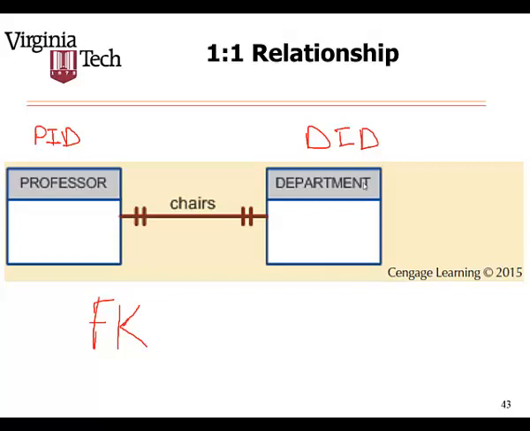I have to have a foreign key in one of these two relations. So what should I do? Should I make the primary key of professor be a foreign key in department, or should I make the primary key of department a foreign key in professor?